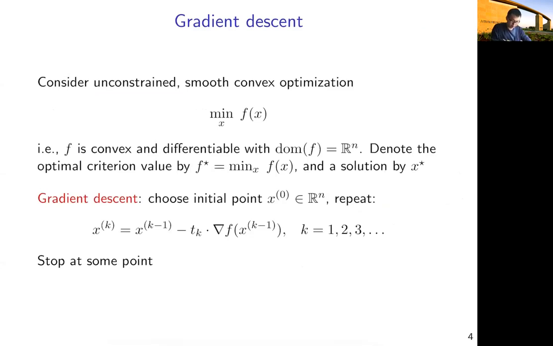For today, we'll be considering convex optimization problems with an unconstrained, smooth objective function. Let's not worry about having constraints. Let's think about the simpler problem with only an objective function to minimize, where f is convex and differentiable.